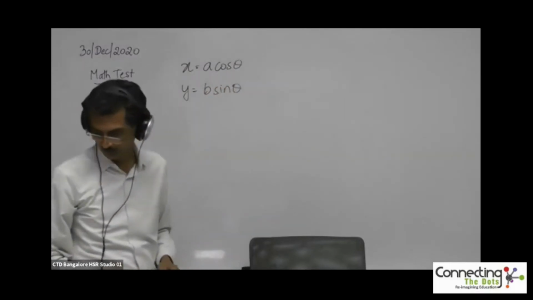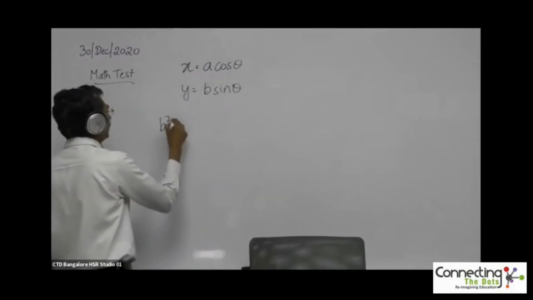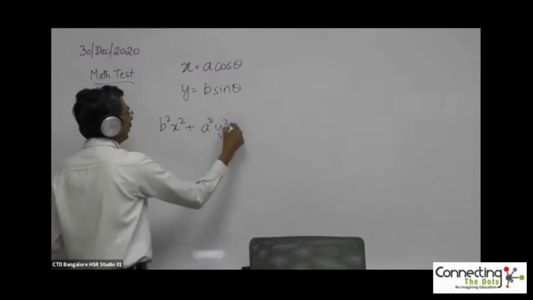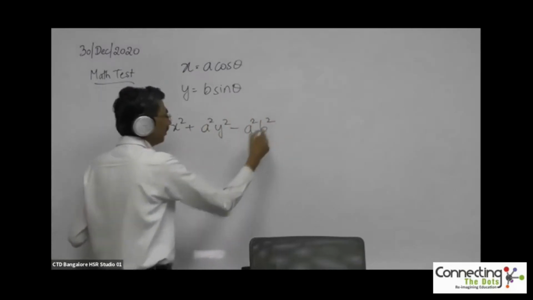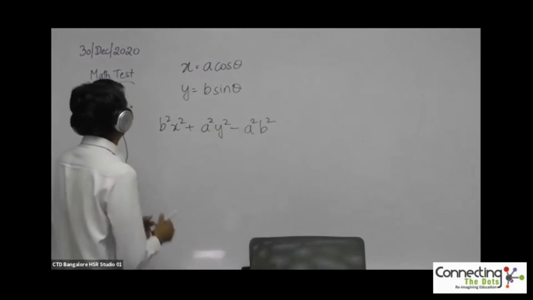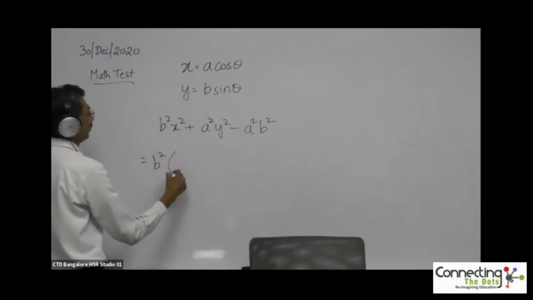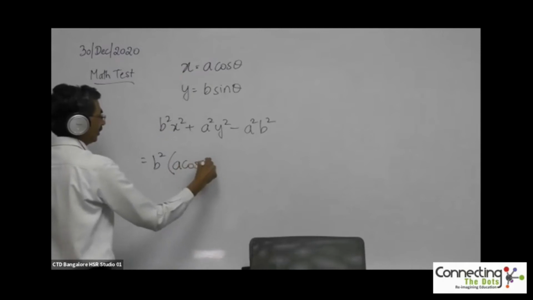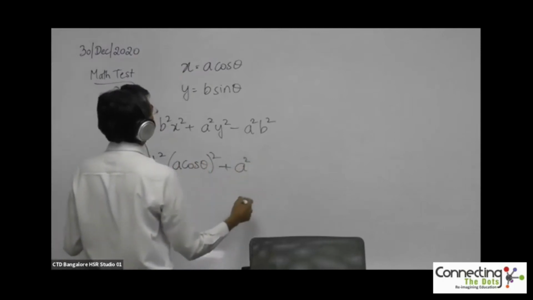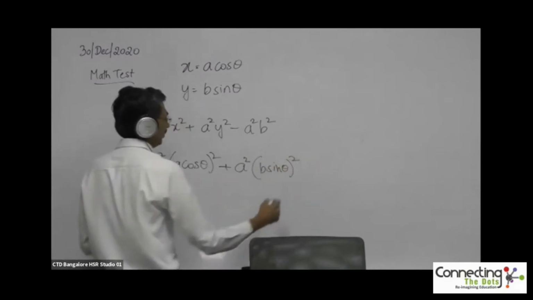And we have to calculate b square x square plus a square y square minus. So this first term becomes b square into a cos theta whole square. And the second term is a square into b sine theta whole square minus.